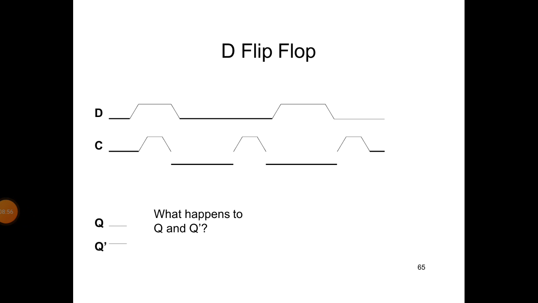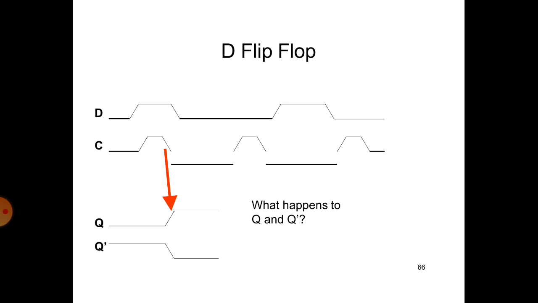So this slide shows the D flip-flop timing diagram representation, and the first timing diagram shows the D input, second one shows the clock input. So what happens to Q and Q bar will be shown in the next slide.